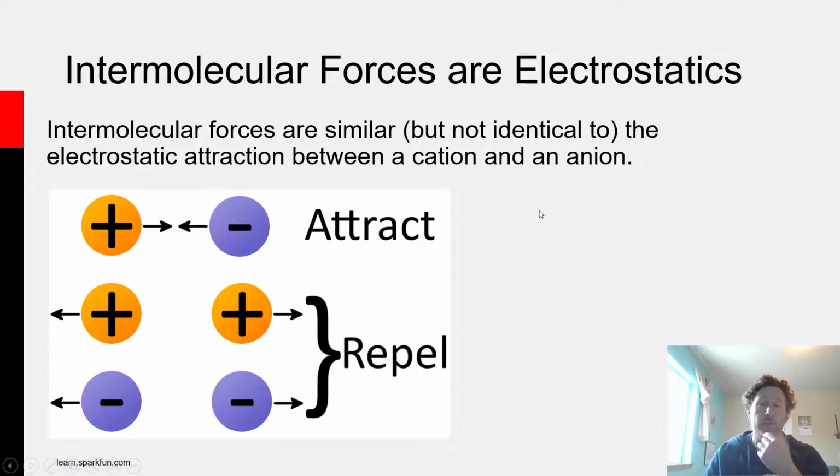Polar molecules have stronger intermolecular forces because they have more permanent and localized regions of electron density and electron poor regions on their surface. Nonpolar molecules have kind of uniform electron density, and as a result, their intermolecular forces are pretty weak.